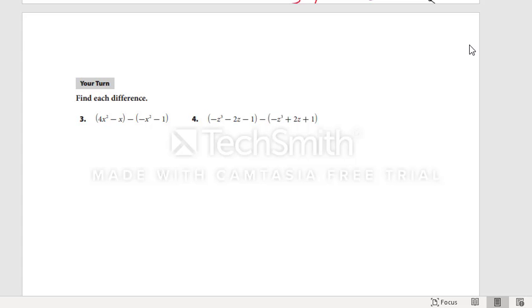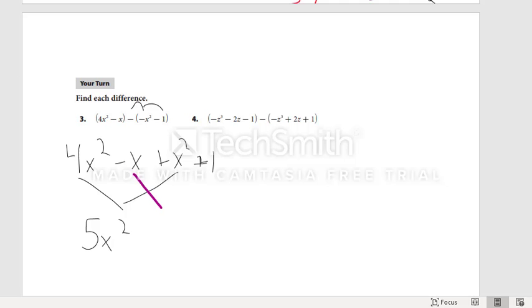All right, first thing we're going to do is distribute that negative. 4x squared minus x, and then negative times a negative x squared is plus x squared. Negative times a negative 1 is plus 1. Look for like terms and combine them. 4x squared plus 1 more x squared means 5x squared.